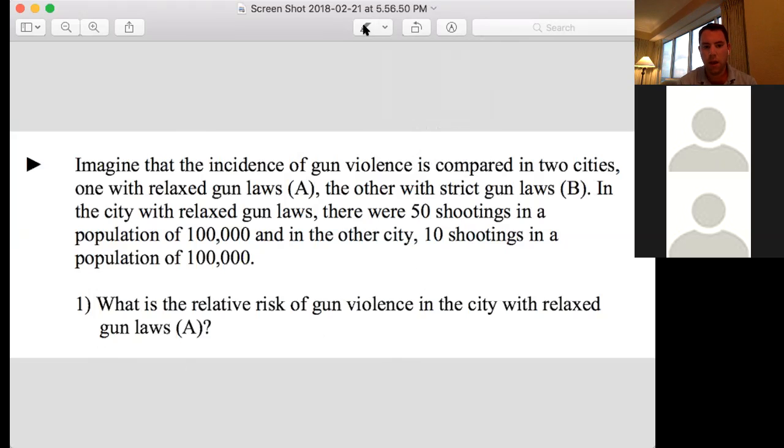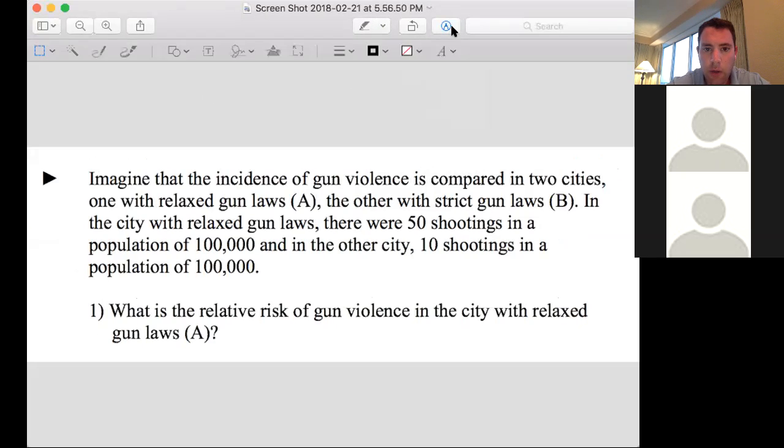Yes, that's right. And what would be the event? The shootings, correct. So then we can now go about calculating this, given that we've defined both the exposure and the event.